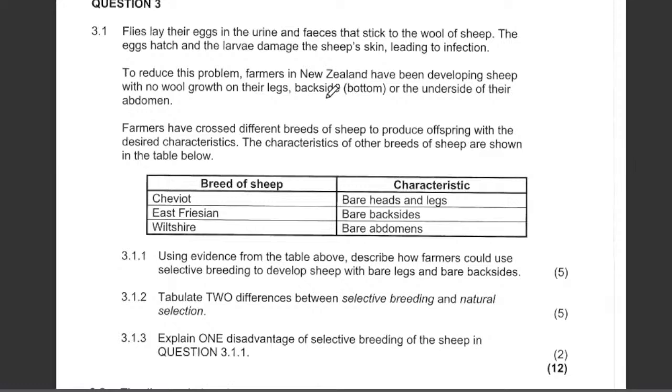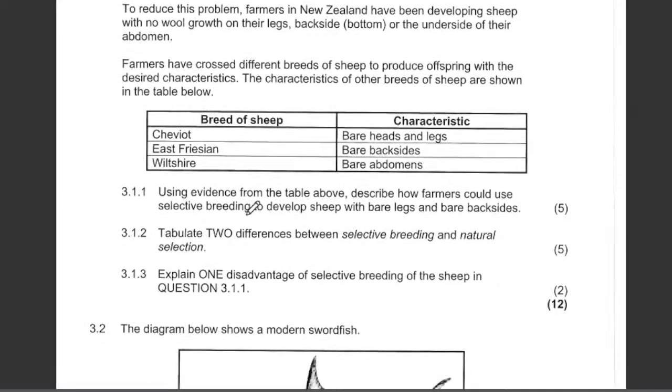Then they're saying that the backside, that's the bottom, or the underside of their abdomen. Farmers have crossed different breeds of sheep to produce offspring with desirable characteristics. And they are saying that the characteristics of other breeds of sheep are shown in the table.